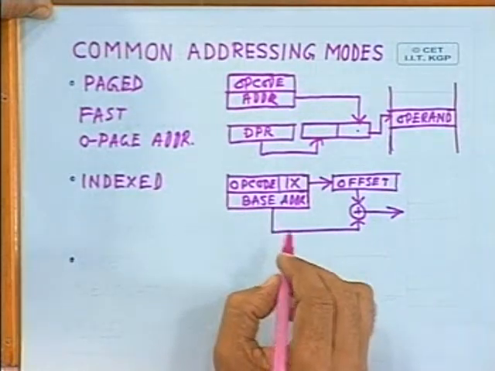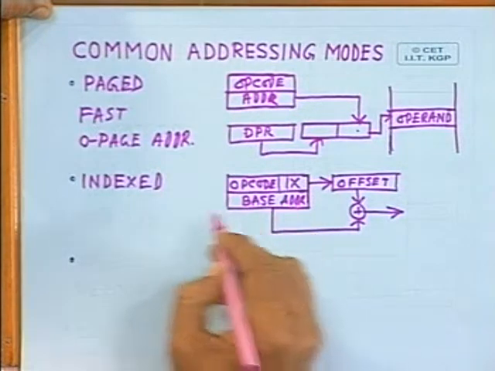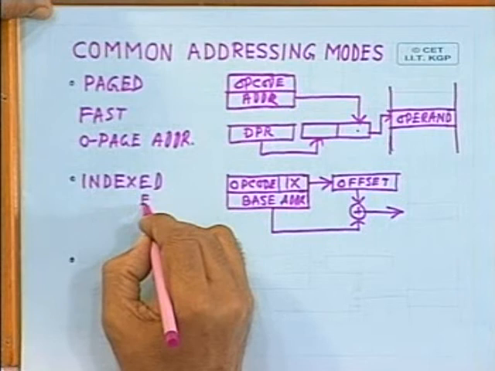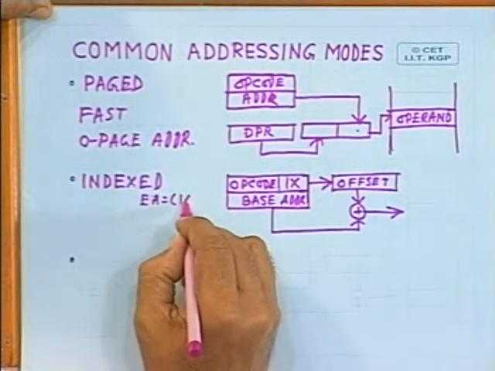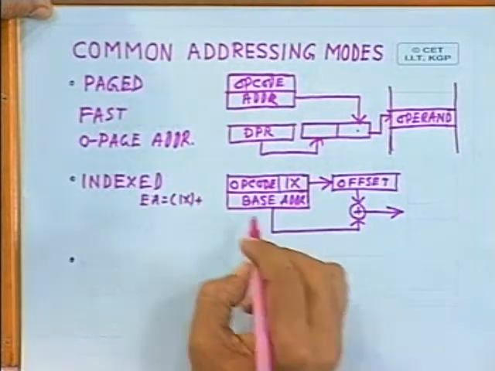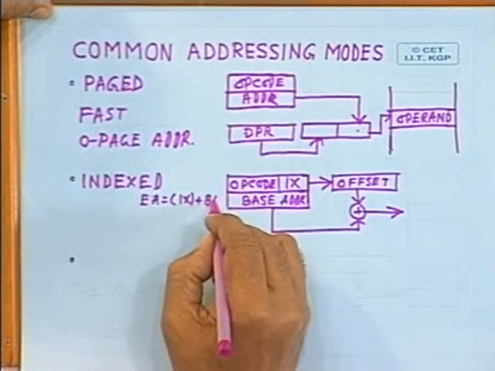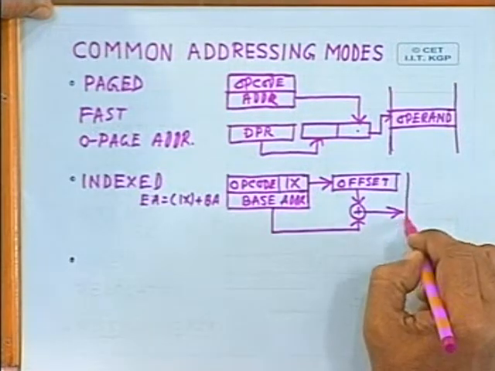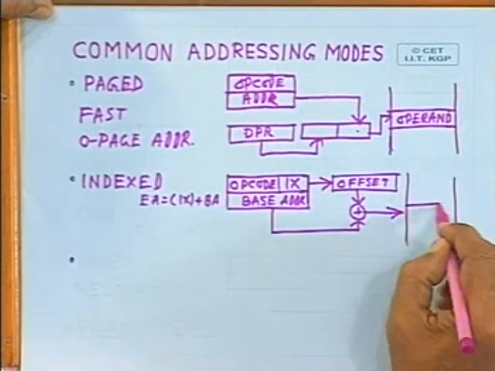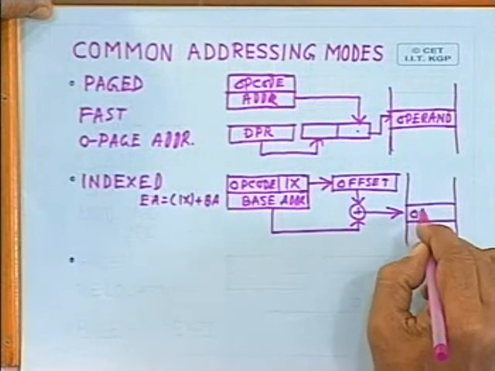So the effective address is equal to the content of the index register plus the base address, and this is used to refer to the memory location where your operand is stored.